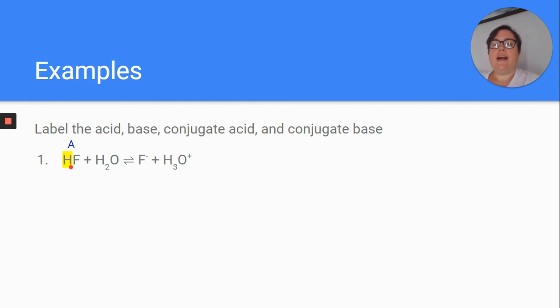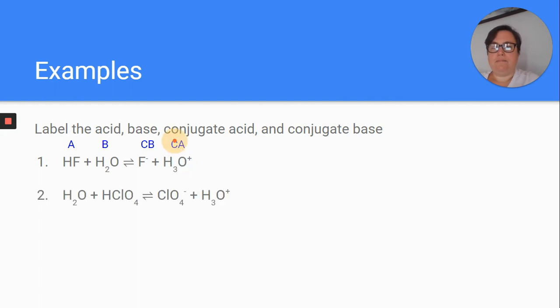So if I take away the hydrogen, I'm left with F minus, and the acid turns into the conjugate base. Now we can go back to the water. It's reacting with an acid, so it has to be acting like the base. You can only have one acid and one base. And a base is a proton acceptor, so it's going from 2 hydrogens to now 3 hydrogens. And a base turns into a conjugate acid.